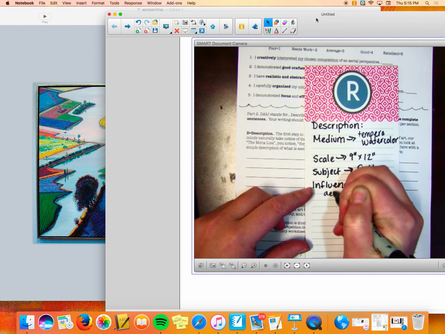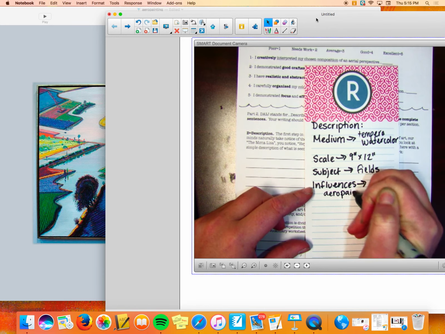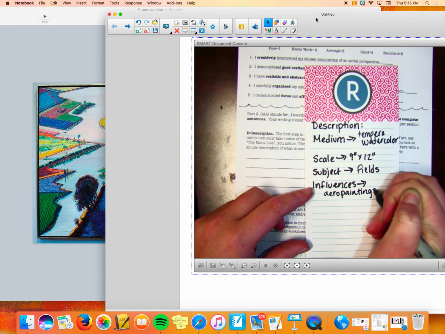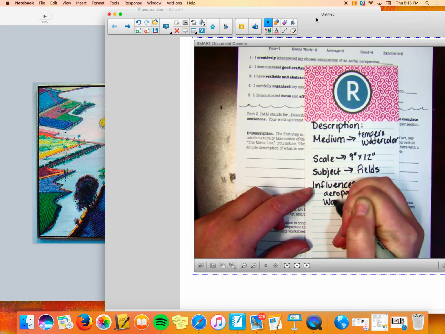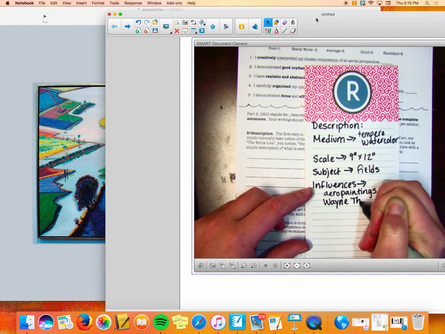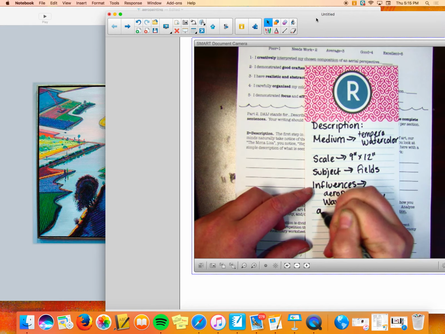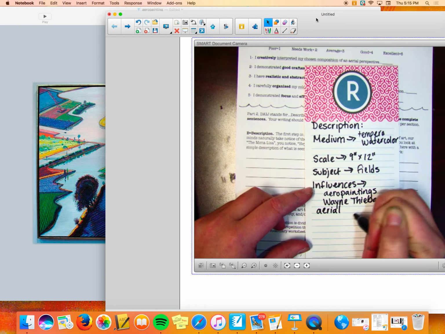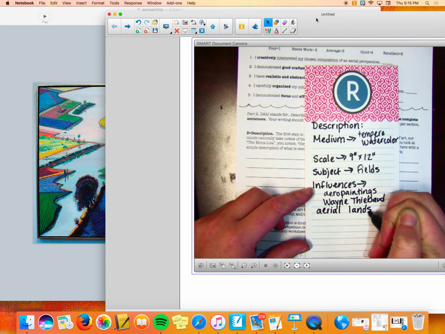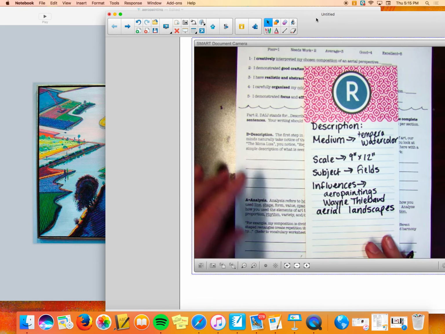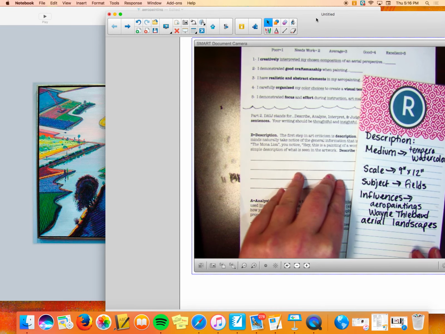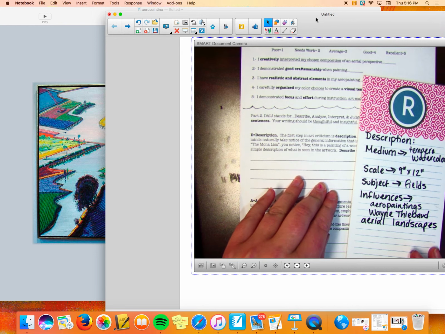So we looked at aerial paintings, and we looked at Wayne Thiebaud and his aerial landscapes. Okay, so those are all things that should be written in complete sentences in the description part of this worksheet.